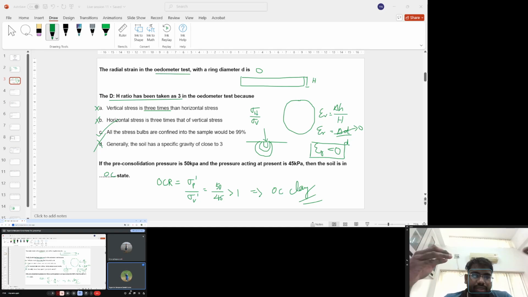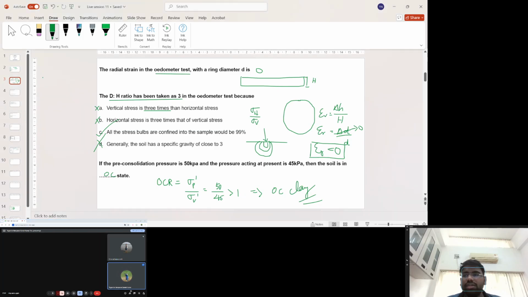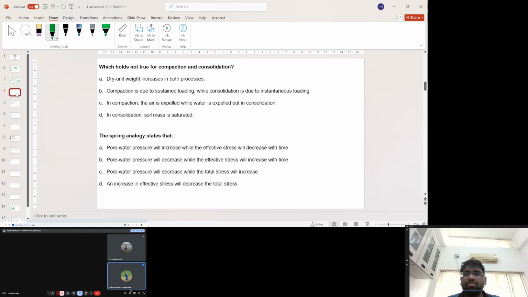Whenever you are conversing in this subject, you try to quantify whatever you are saying. Quantifying means how you will measure it, or what parameter you use to measure it. That is how you should be concentrating.